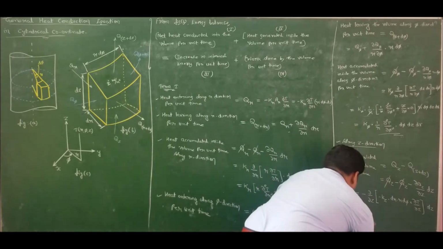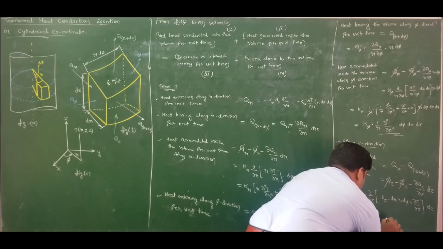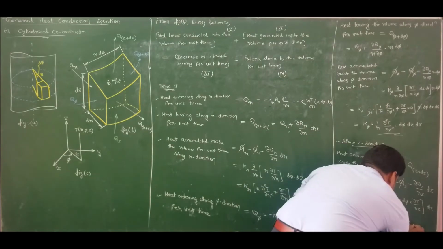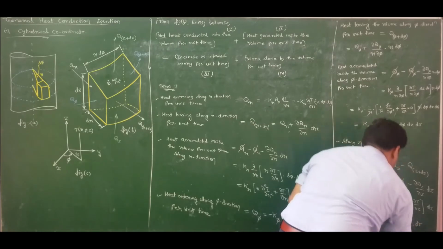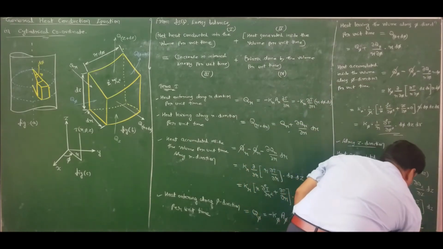So therefore this will be equal to, minus of minus is plus, kz dou square t by dou z square into r d phi dz into dr. So dr r d phi dz.